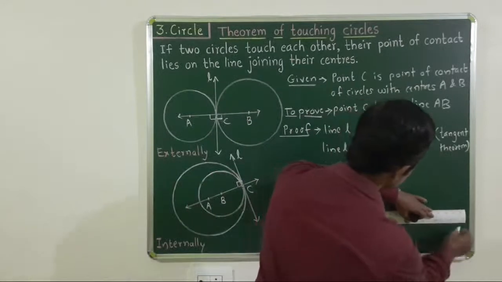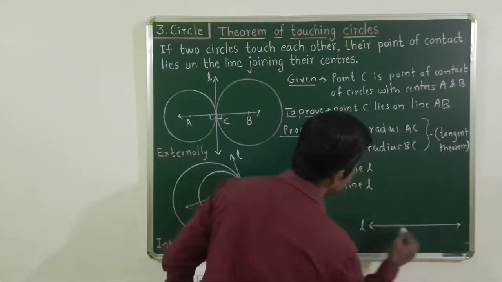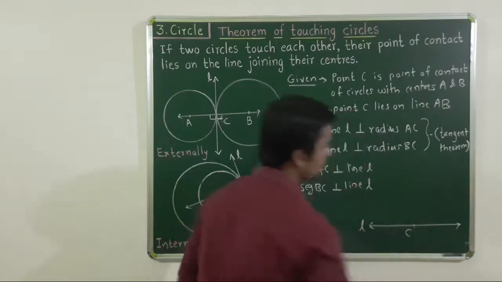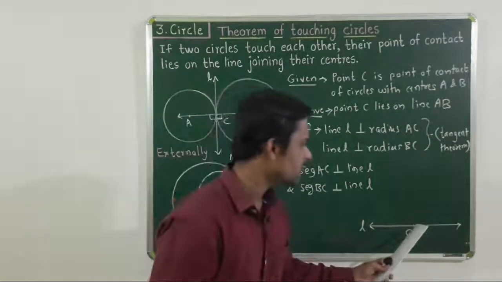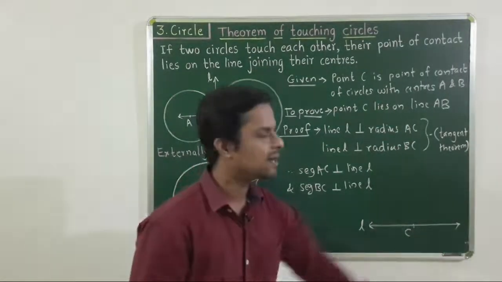Now AC is perpendicular to line L and BC is also perpendicular to line L, but suppose there is line L and point C here, then how many perpendiculars can be drawn passing through point C to this line L?